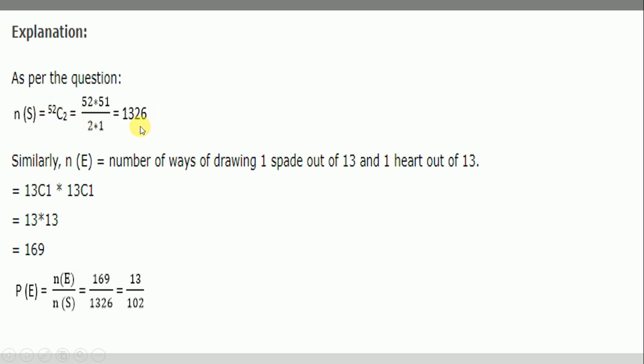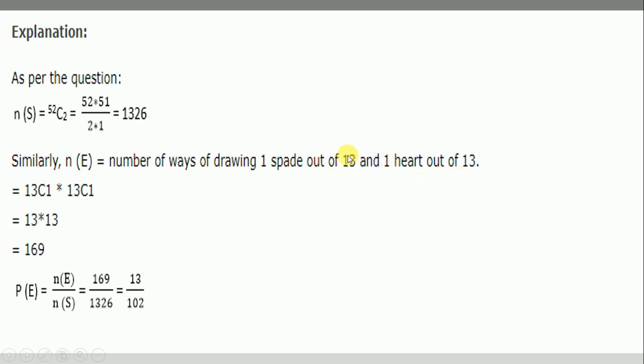So please don't forget to use this formula, because if you simply memorize that if there is something like this, then just multiply by 52 and minus 1 and divide by 2 into 1, this can make you do a mistake in your exam. Similarly nE, the number of ways of drawing 1 spade out of 13 and 1 heart out of 13.